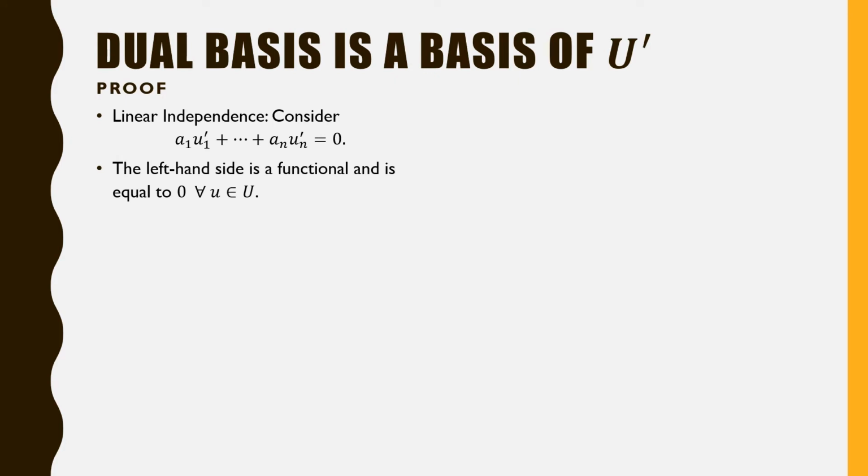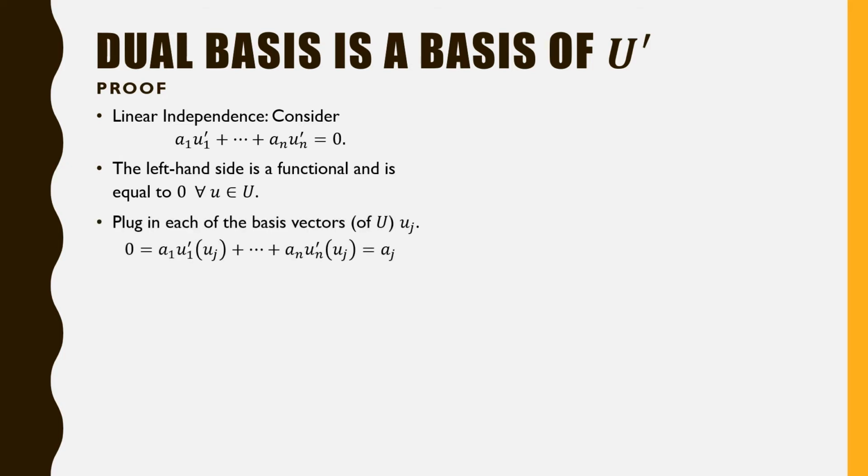Note that the left-hand side of that equation is in fact a functional in its own right and happens to be equal to 0 no matter what vector u we plug into it. We'll use this to our advantage and plug in every one of the basis vectors u1 through un. We'll do this with an arbitrary one, uj.